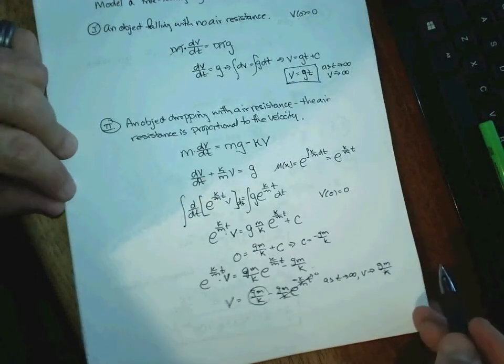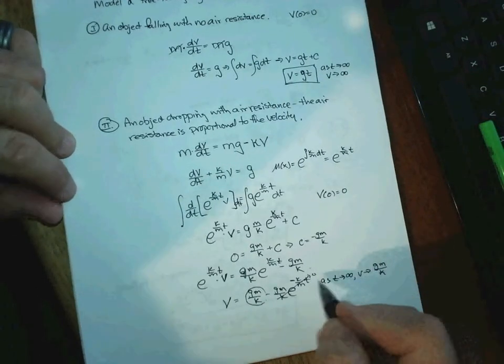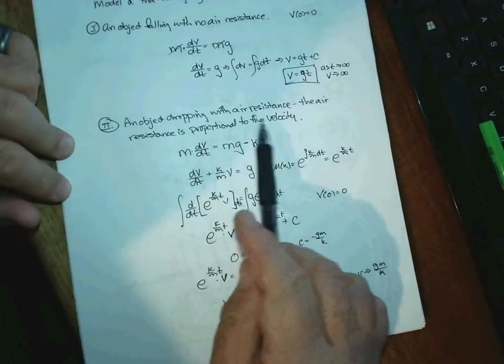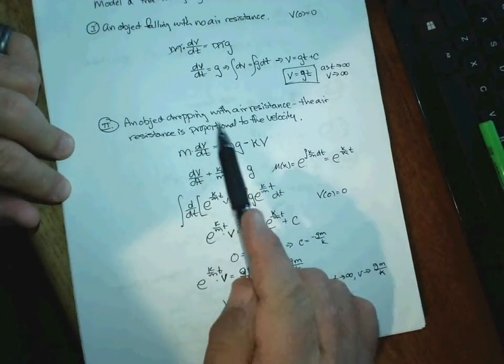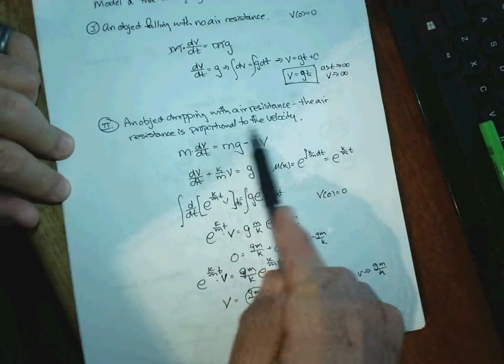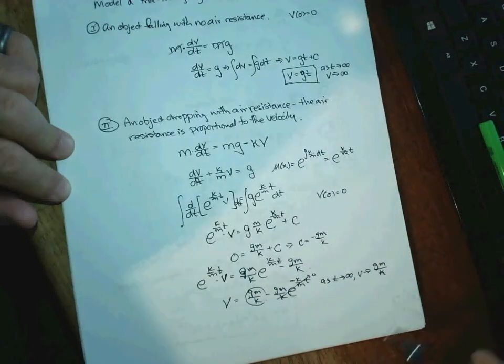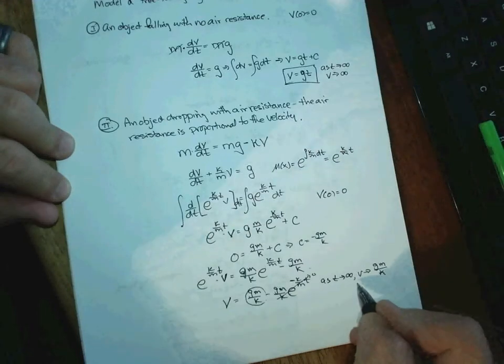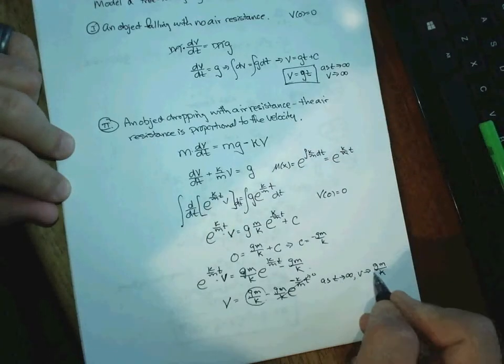So what this model is telling us is that for the object falling with air resistance, where we model air resistance to be proportional to the velocity, meaning if the velocity doubles, the air resistance force doubles, then you're going to have a terminal velocity to your object.